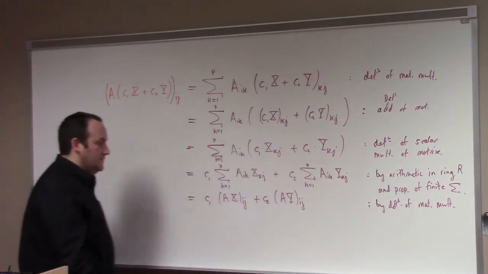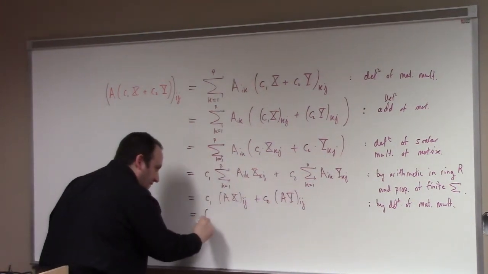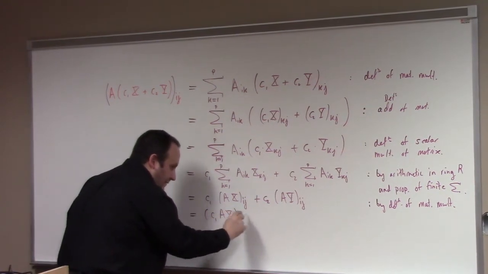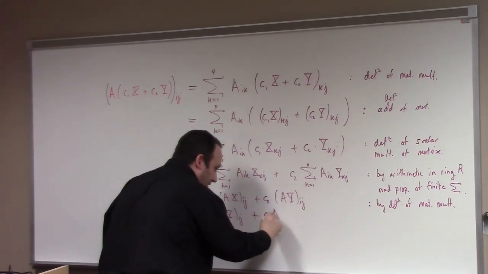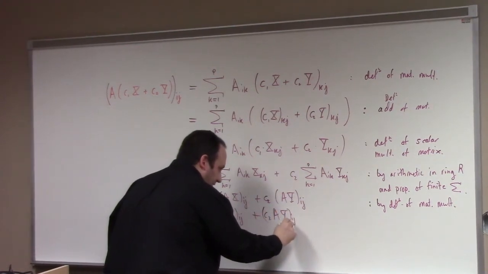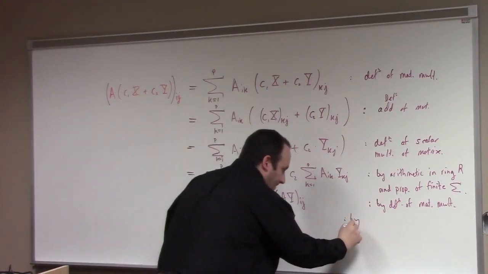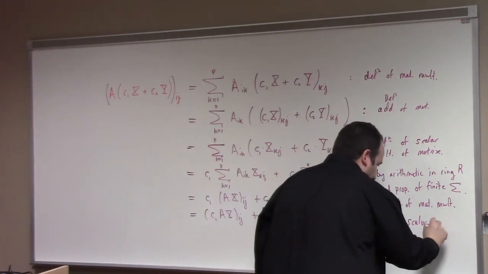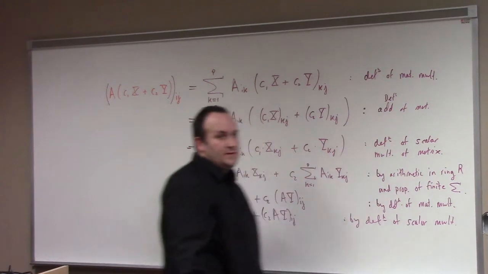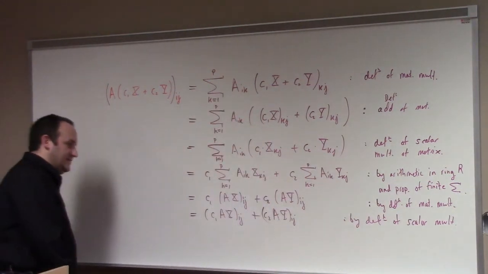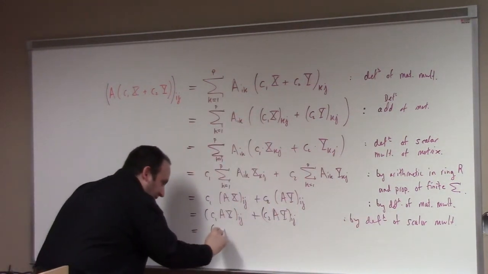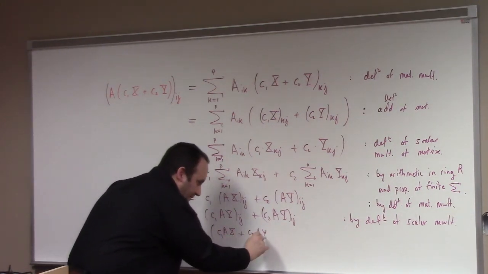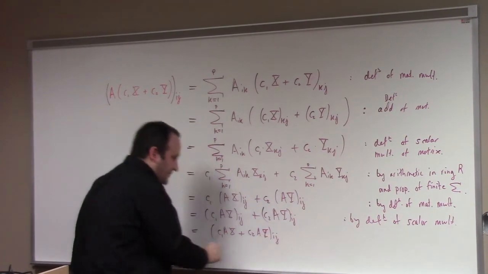We're still not done. Next step, that is C1 times (AX)_ij plus C2 times (AY)_ij, again by what? Definition of scalar multiplication. Then, what's next? Put them together, right? (C1 AX plus C2 AY)_ij, by what?